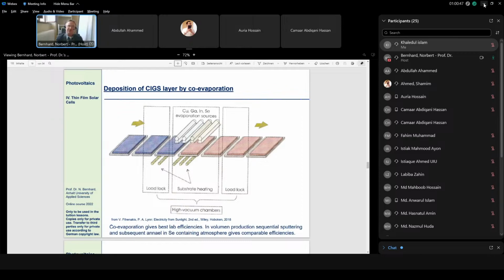Because in principle here, it's only the interface which acts as a photoactive layer. The reason is because the diffusion lengths of the charge carriers are so small here.